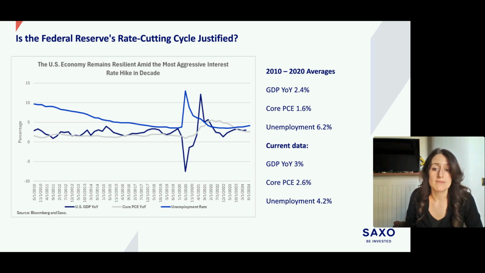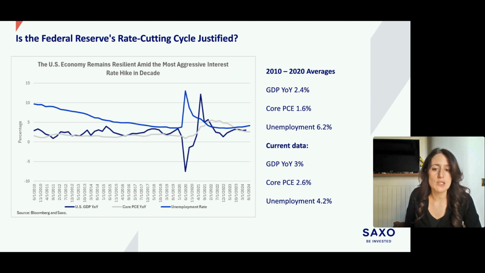But this comes along with core PCE. PCE is like CPI, an inflation measure, but it's a favorite kind of inflation measure from the Federal Reserve that they look at and shapes monetary policies. Core PCE is at 2.6% now, while on average between 2010 and 2020, it was at 1.6%.